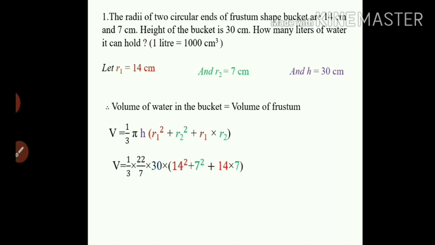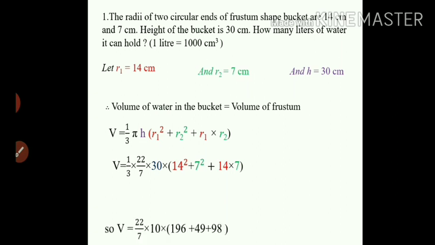R1, you can see R1 I have used red color, that is R1 is 14, so 14 centimeter plus R2 is given 7 centimeter, so that is 7 square plus R1 multiplied by R2, that is 14 multiplied by 7.